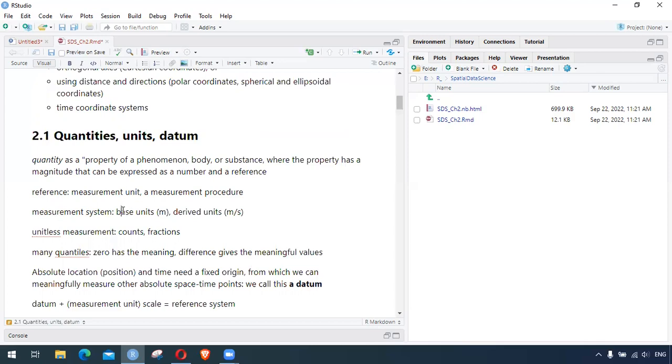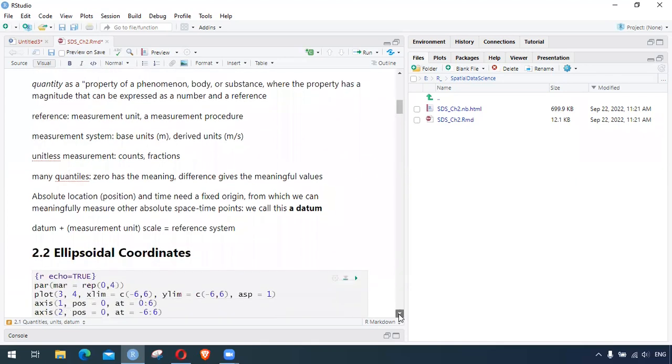So we have the base units and then we have the derived units from the base units. For instance, the meter is the base unit and meter per second is a derived unit. There can also be unitless measurements such as counts and fractions. They might have some context or meaningful use in some cases. And in many quantities, the zero has some meaning, and the difference also gives meaningful values.